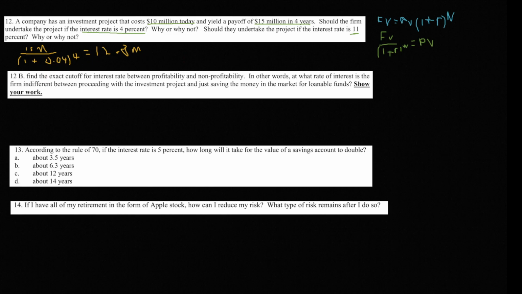What about for the other interest rate? There's going to be a much higher interest rate here. So let's see if they'll do it here. So here, they will say 15 million over 1 plus 0.11.